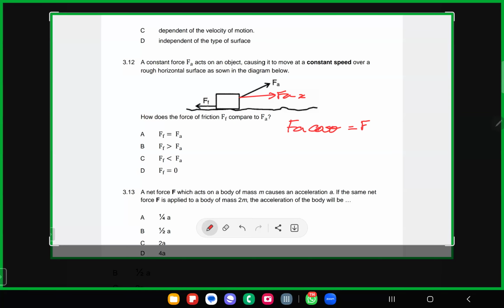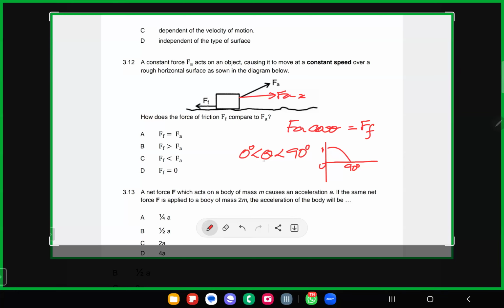is equal to Ff. And if you don't know anything about cos theta, for any value of theta greater than 0 and less than 90, did you notice something about the cos graph? The cos graph for 0 to 90 looks like this. That means it's less than 1. By the way, that's the maximum value of your cos graph, if you didn't know that as well.